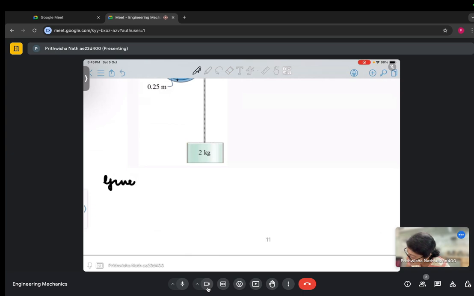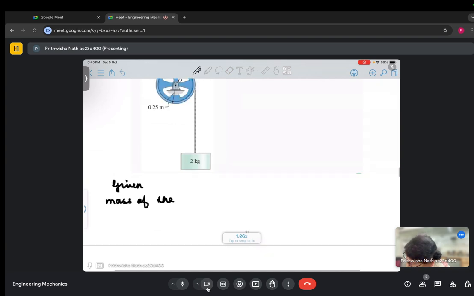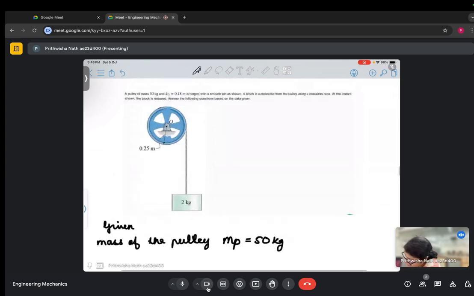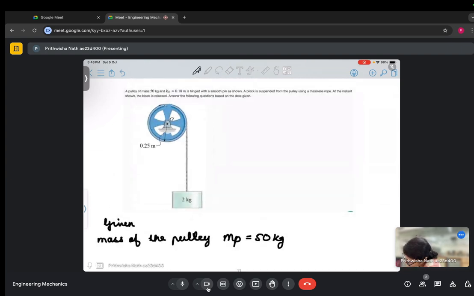Given, mass of the pulley, will denote this as MP. This is 50 kg. KO is 0.18 meter.